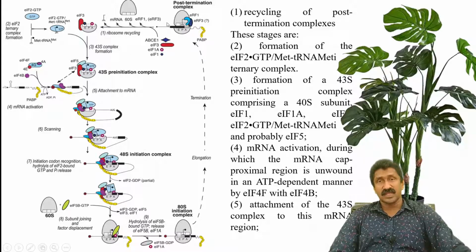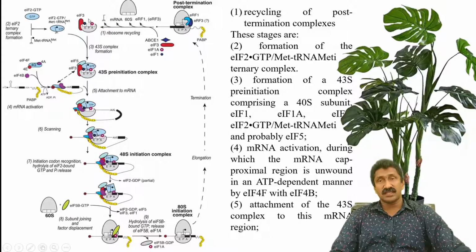Usually, after every cycle of translation, there will be a post-termination complex where the ribosome and other required RNA and assembly components will be dismantled, and the smaller and larger subunits will separate, and the release factors or other factors will be released and will be available in the cytoplasm.